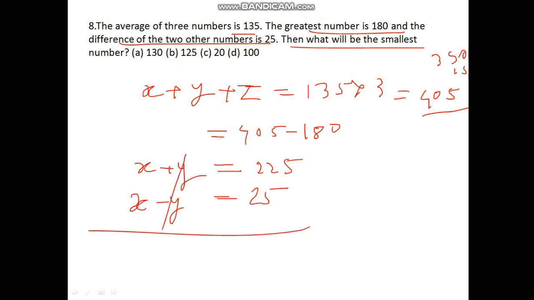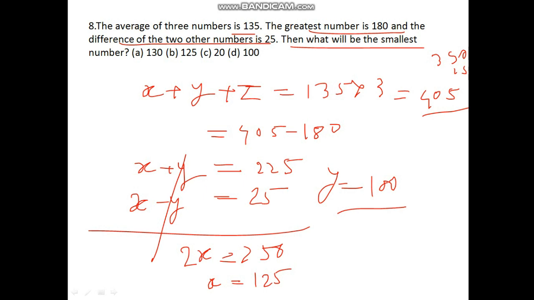So just subtract. 2x is equal to 250 and x is equal to 125. So the question is, what will be the smallest number? Easily, y will be 100. If we consider y as the smallest number, then y will be 100. So the answer will be D.